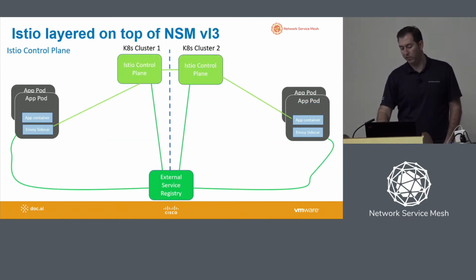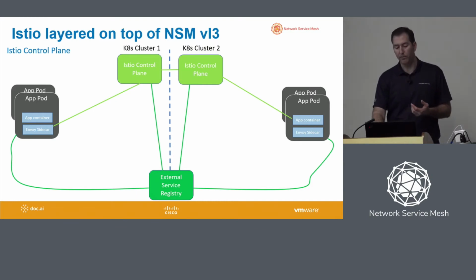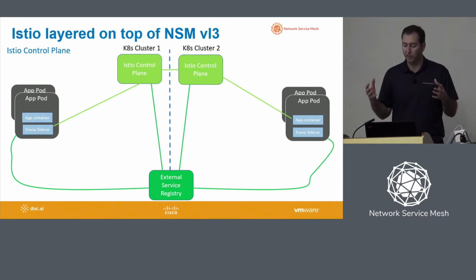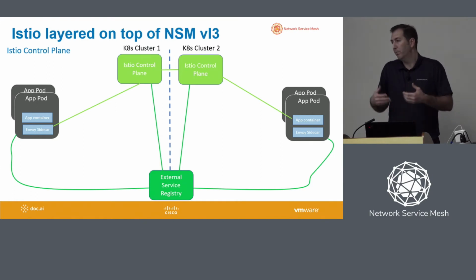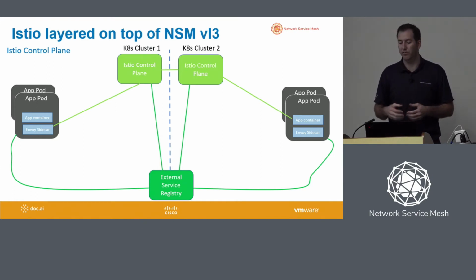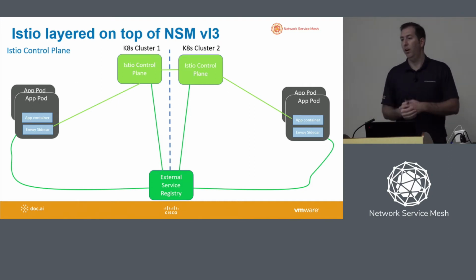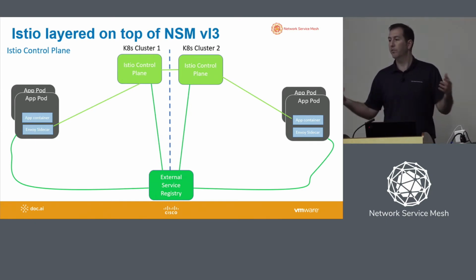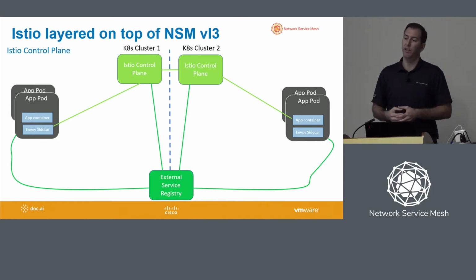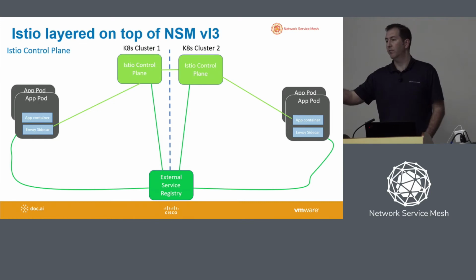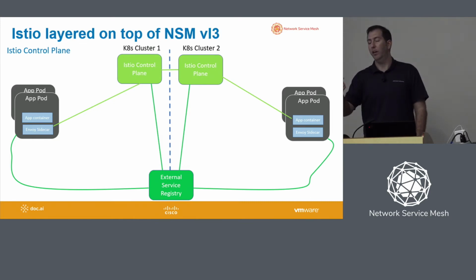So when we layer Istio on top, this is how we integrate the Istio control plane on the two different clusters. Istio multi-cluster, or Istio pilot, already has the capability of discovering service information from multiple clusters. It doesn't really work if you don't have connectivity between those clusters. But pilot can't see any information about the NSM interface information right now.